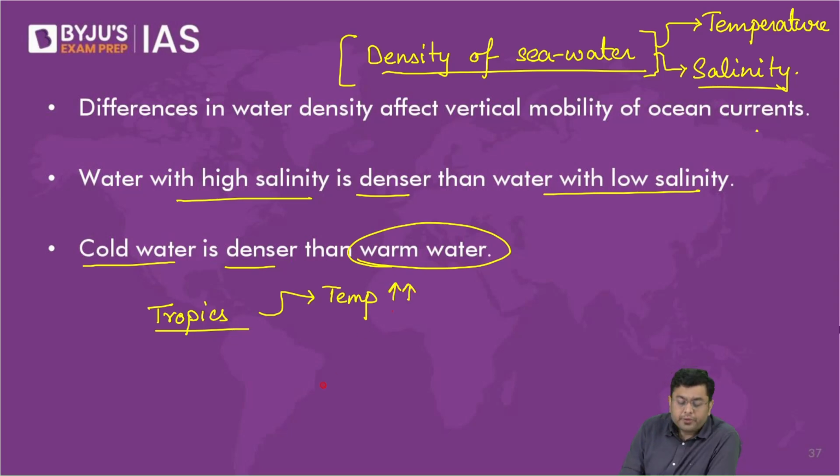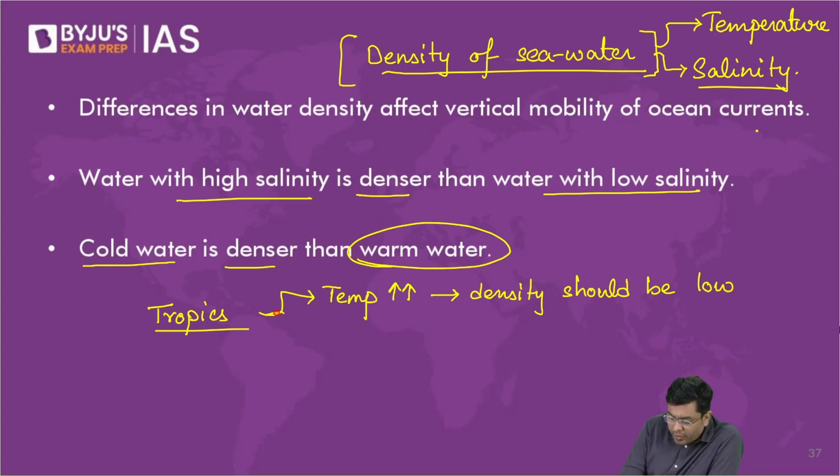Temperature is high, significantly high. So as per this, the density should be lower. As per this, density should be low, isn't it?